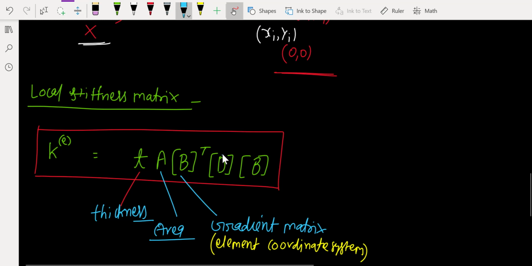And then D we call the stress strain matrix, and this stress strain matrix is a function of the material parameters.